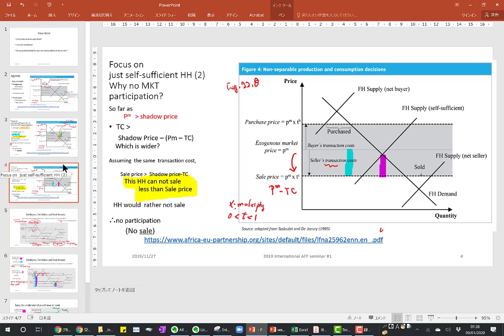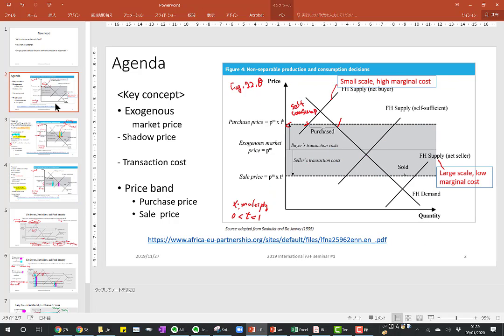So summarizing these two cases, what we can say is this household, which has a shadow price within this price bound, is given a transaction cost.